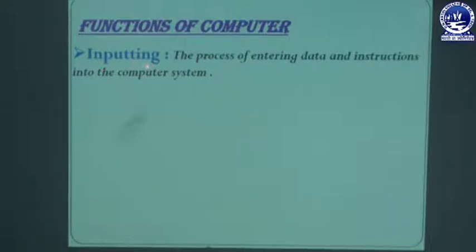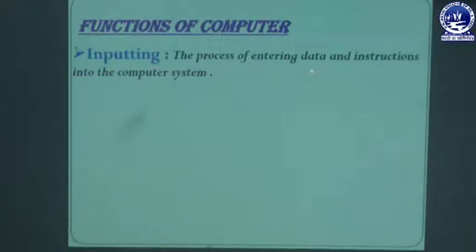We have already discussed that the computer enables us to enter some data. Without the data, the computer cannot process. The process of entering data and instruction, just mark these two words, data and instruction, into the computer system is known as inputting.